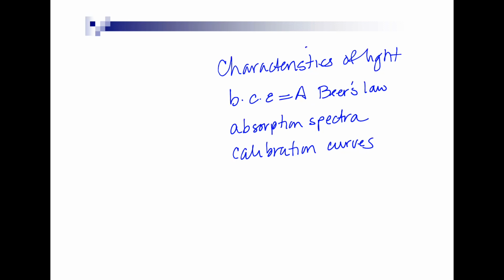You can use the absorbance, the path length, the molar absorptivity to find concentration. With all that said, I hope you realize how important light is to observing different compounds, and how it's a pretty powerful tool when we're trying to find even really minute concentrations of compounds.